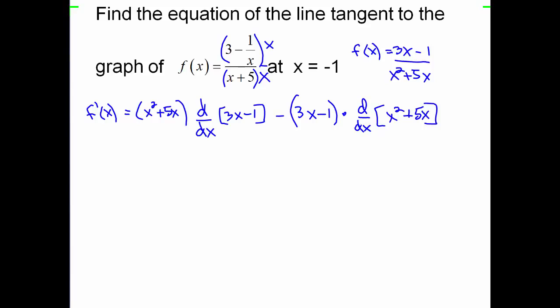So we've got the low d high minus high d low all over low squared.